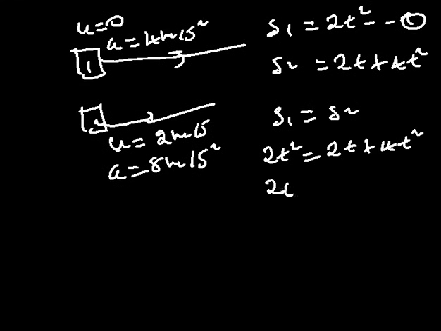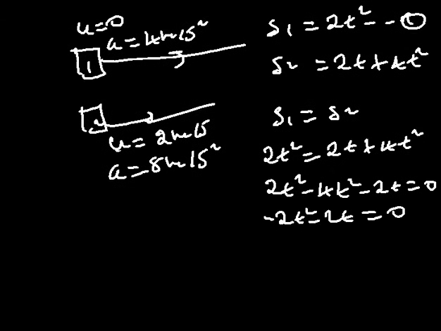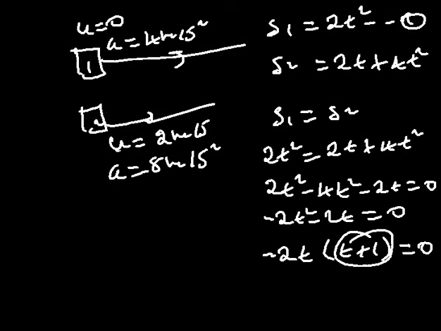That gives 2t square minus 4t square minus 2t is equal to 0. So what we have is negative 2t square minus 2t is equal to 0. We factor it out: negative 2t times t plus 1 is equal to 0, and we just solve for the positive value of t.